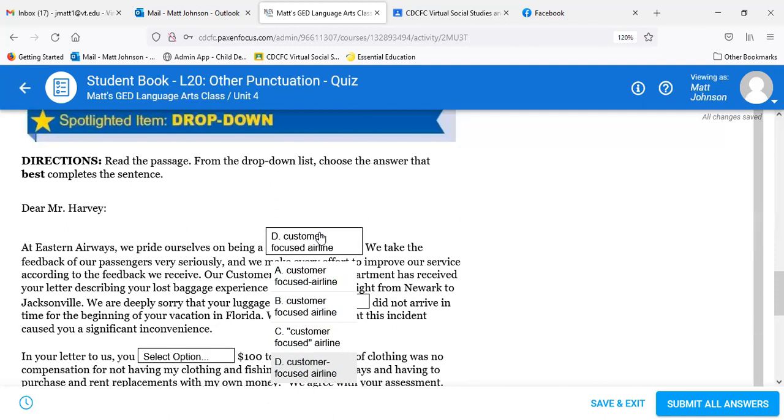We're modifying the wrong word there. C, we're using quotations, but we would have to understand why. Like if somebody said, they are a customer focused airline, quote, he said. But again, that's only when we're using someone else's words. Here, D is what we want to go with.